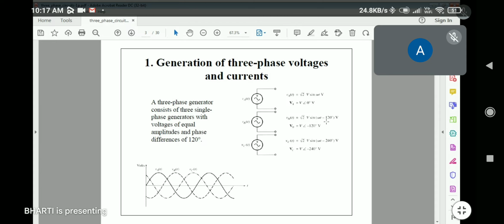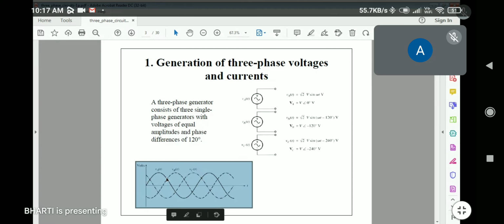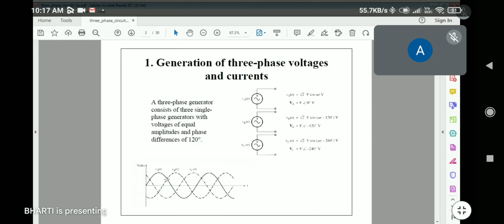Is it clear? Or we can say VB, that is the voltage across the second phase, is V angle minus 120 volts. That means the second graph is starting from this point, 120 degrees apart. Is it clear?